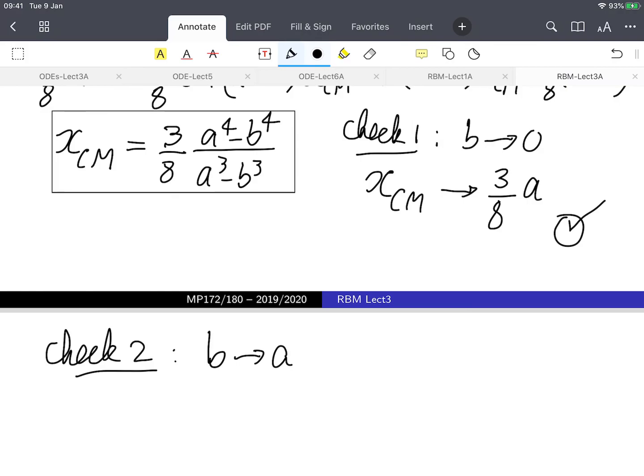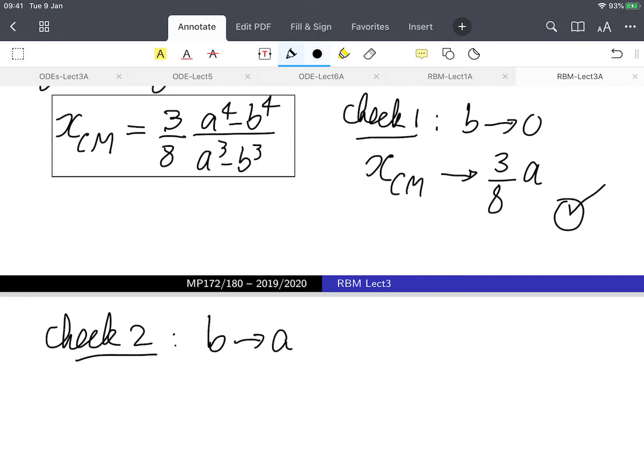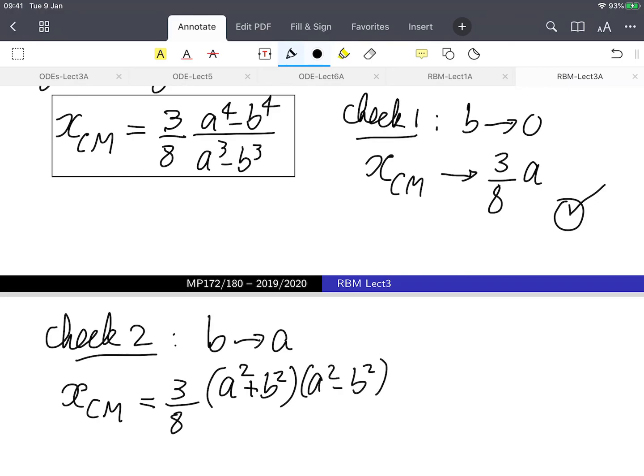So we need to think about that better. But I can see that I could have simplified that expression because both top and bottom can be factorized by A minus B. At the top I have a difference of 2 squares, so I can factorize.